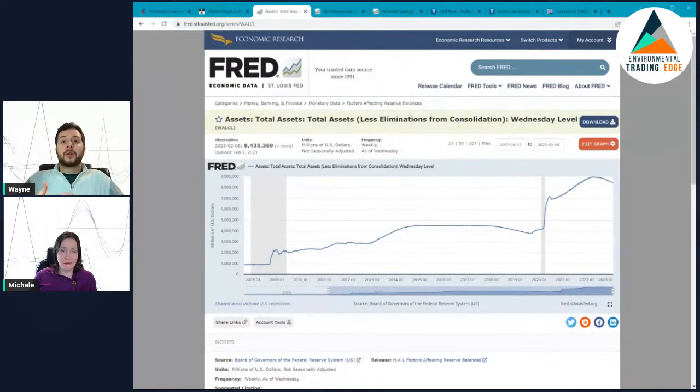And this is a contraction in the money supply, right? So when the money supply starts to contract, you no longer have the expansion of the money supply coming in. When it goes from expanding to not expanding anymore, that's also a change in the market, and that can create a deleveraging as well.